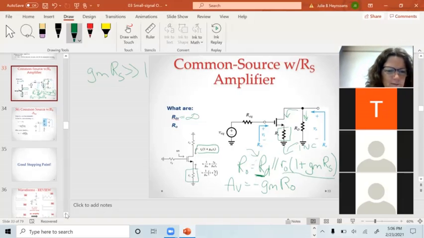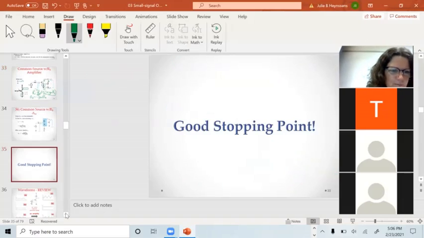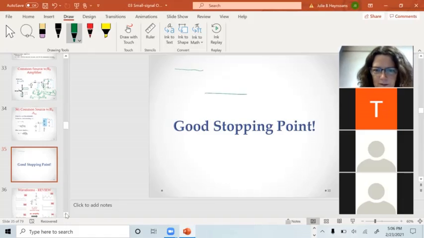Let's get to a big blank slide right here. Let's look at what happens when we put R_S in the circuit. I want to convince you that that diagram's right, or at least on some level, and I'm going to hate myself for this.